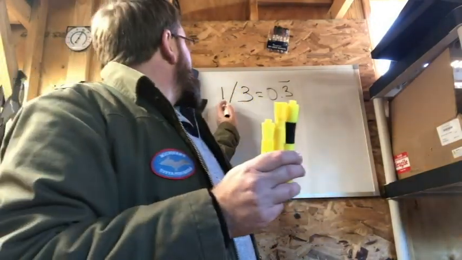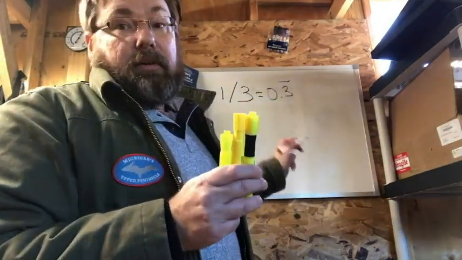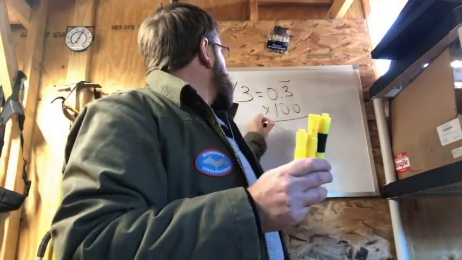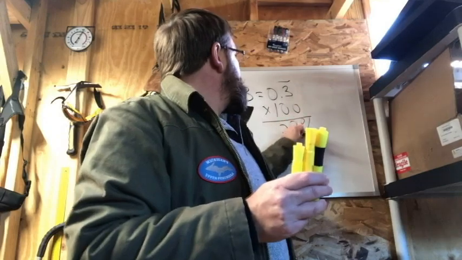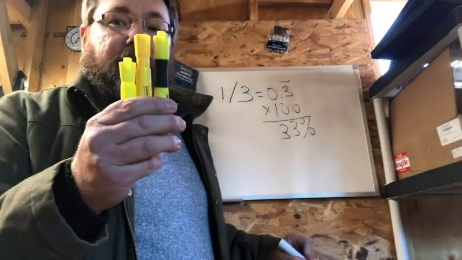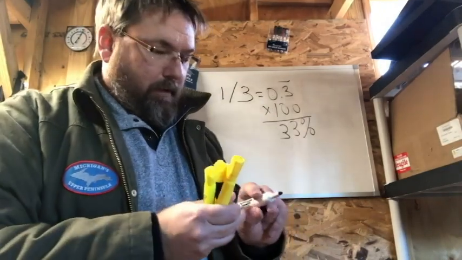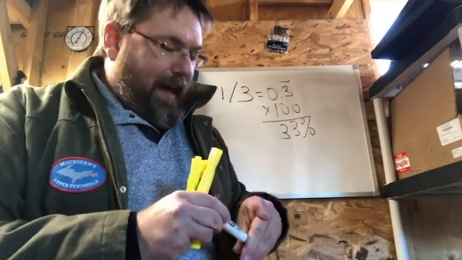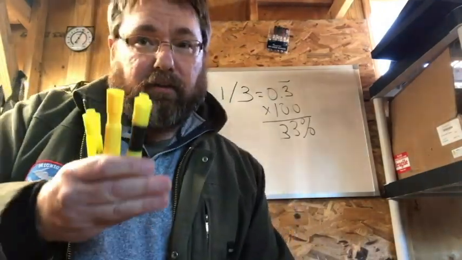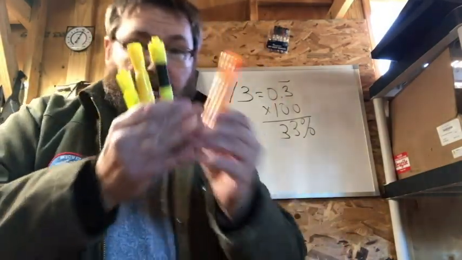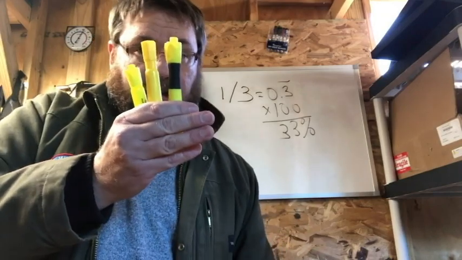But anyway, 1 divided by 3 equals 0.3 repeating, times 100 gives us 33%. And that's 33% for each one, because they're in the exact same amount. That is basically how to illustrate normalization in a 2-step process from our original to this.